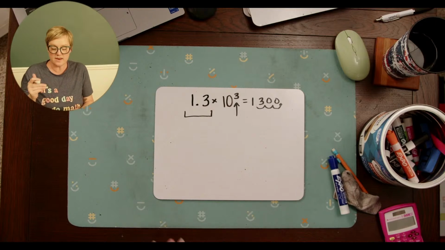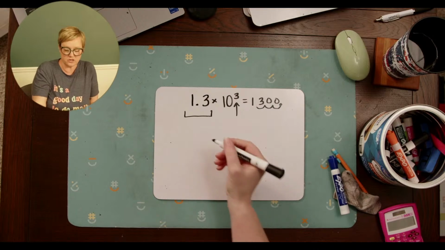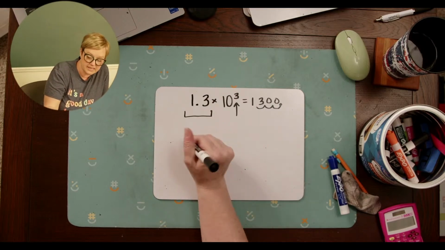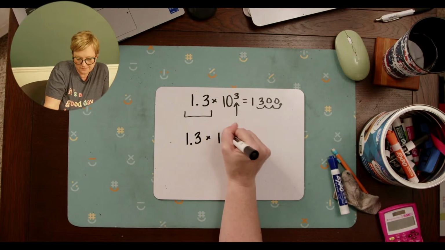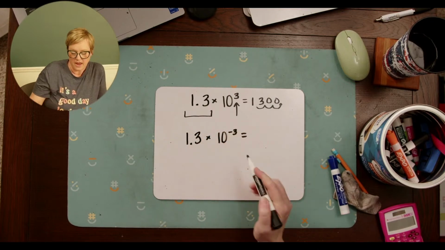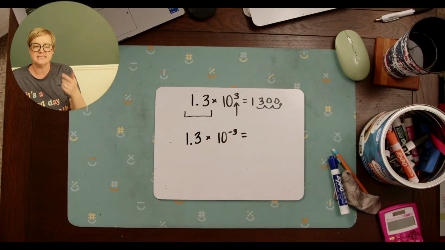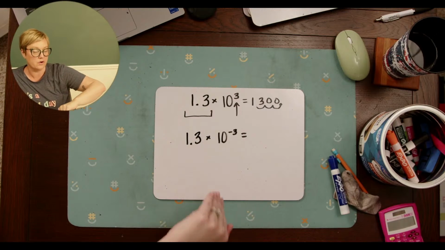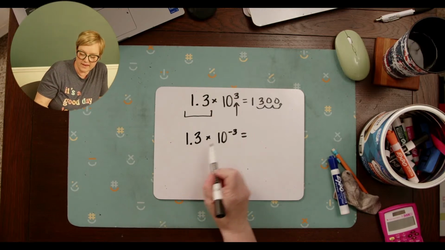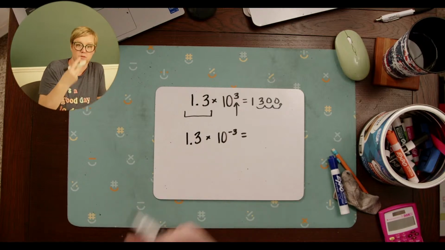Okay, so with a negative exponent, let's say 1.3 times 10 to the -3. The negative exponent drops this base down to the denominator, so this is actually 1 over 10 to the third. Since it's negative, my decimal now moves to the left 3 spots.